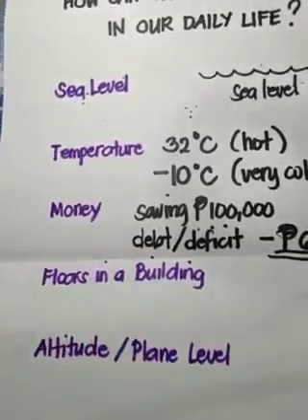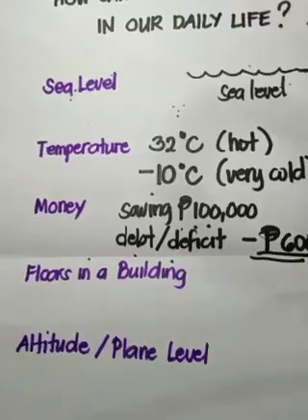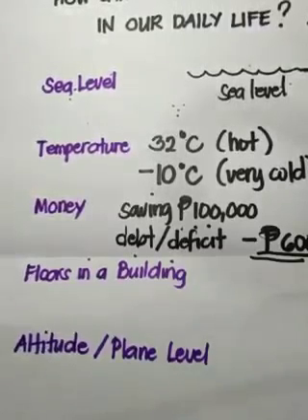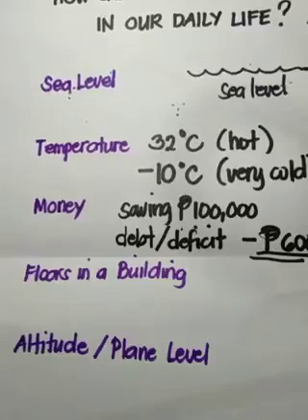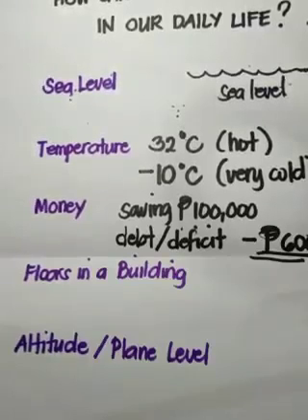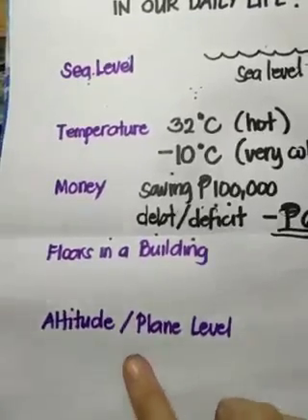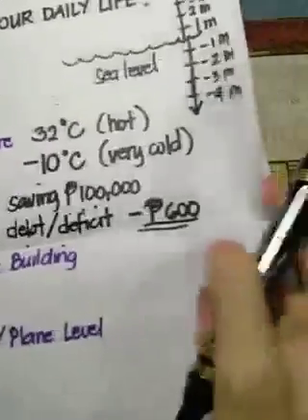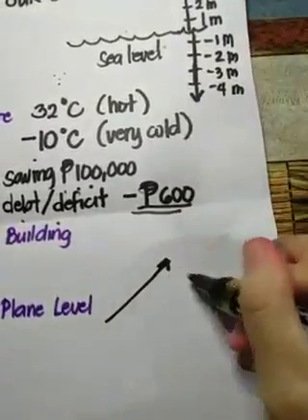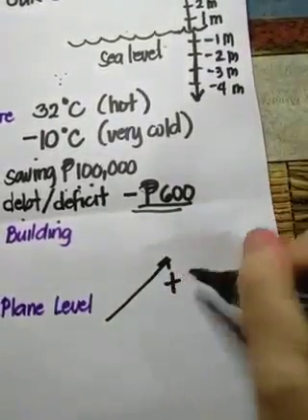Floors in a building. Naa bay ubang building, no? Nga naay lower level or kanang murag underground. Pwede na nato siya i-represent with a negative integer. Ang katupong nasa babaw, pwede na pod siya ma-represent of positive integers. Another, plane level. If the plane is going up or ascending, we can represent it with a positive number.